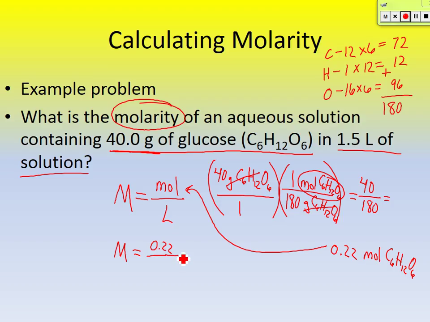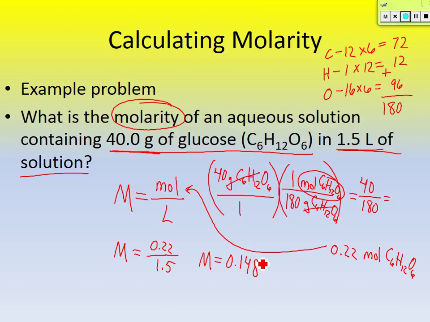Now, what do we got to divide it by? 1.5. Good, the liters. And it told us we had 1.5 liters. So I'm going to put the 1.5 on the bottom. Now, if you divide 0.22 by 1.5, 0.148. So the molarity is equal to 0.148.